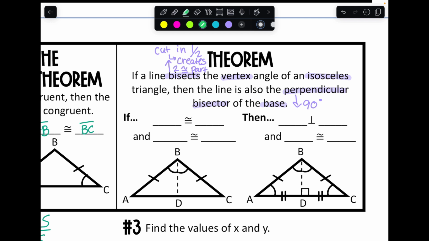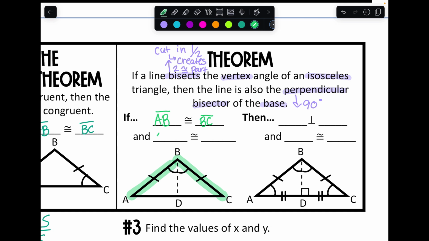So it's saying if I see that I have an isosceles triangle, so if I know that segment AB is congruent to segment BC, and it has two congruent angles at the vertex.